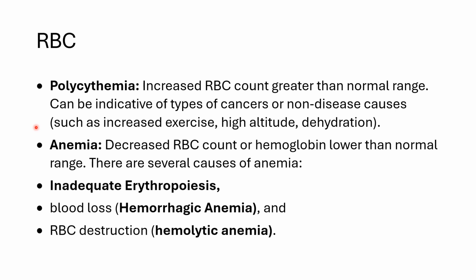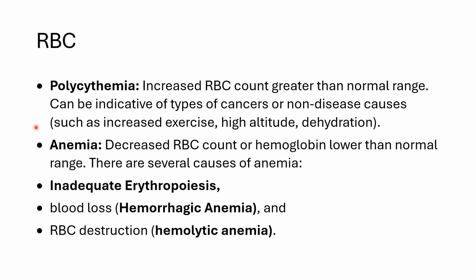Why? When people regularly exercise, they need more oxygen, and then they make more carbon dioxide, which needs to be brought back. So these people have more RBCs. At high altitude, the atmospheric pressure of oxygen is low compared to lower places.